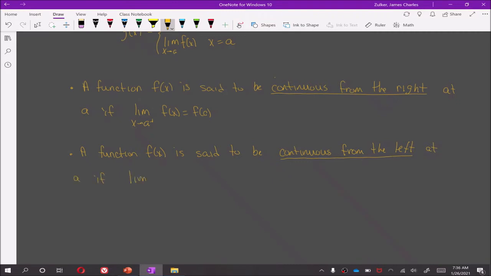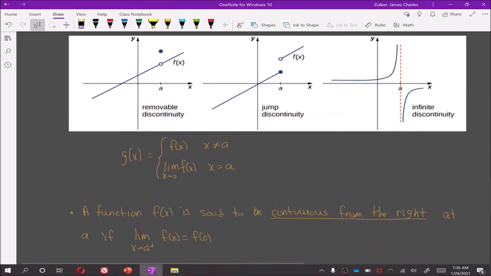The only difference is now it's the left-handed limit of f of x is equal to f of A. So, if we come back up and look at this jump discontinuity again, this would actually be continuous from the left, right? Because here's our limit.